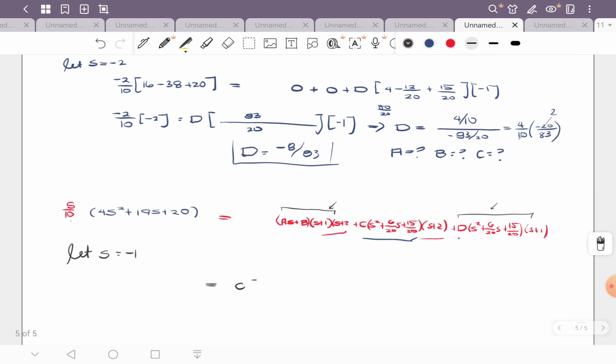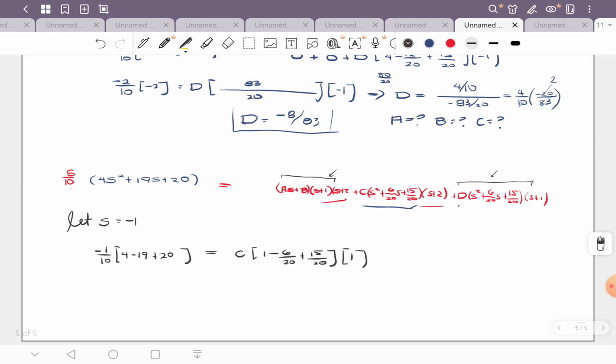So c, negative 1 squared is 1, minus 6 over 20, plus 15 over 20, and negative 1 plus 2 is 1. For the left hand side, negative 1 over 10 times 4 minus 19 plus 20.